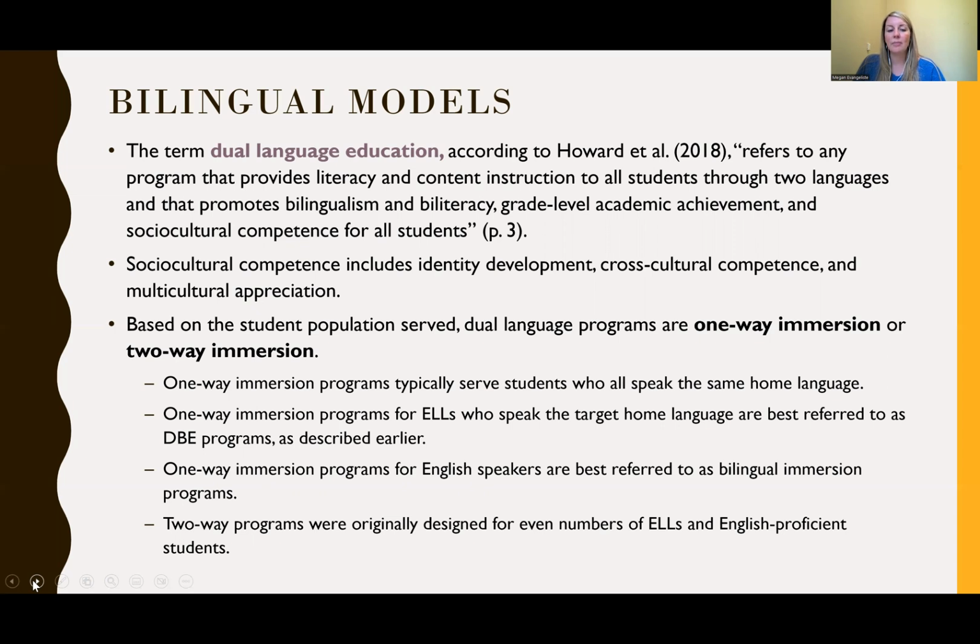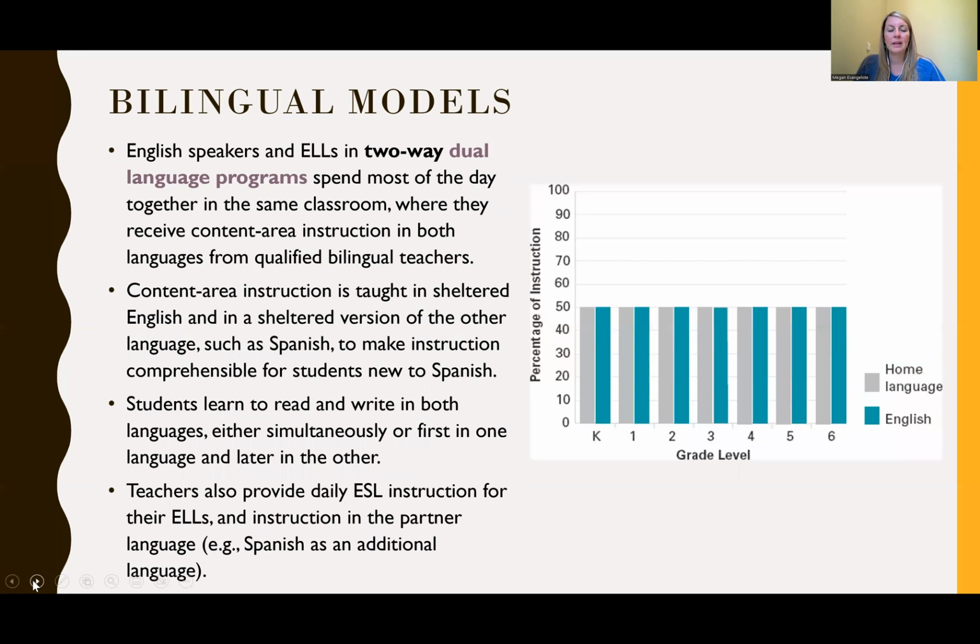So then two-way programs were originally designed for even numbers of English learners and proficient English speakers. English speakers and English learners in two-way dual language programs spend most of the day together in the classroom where they receive content area instruction in both languages from qualified bilingual teachers.